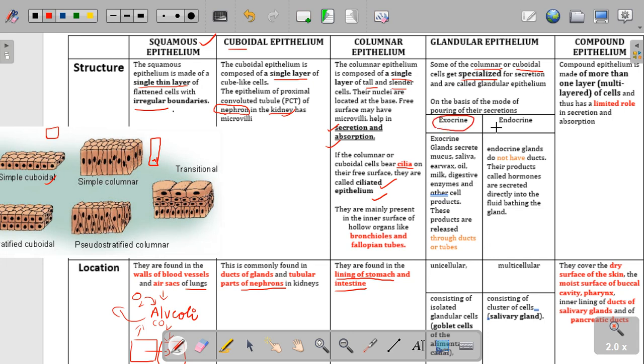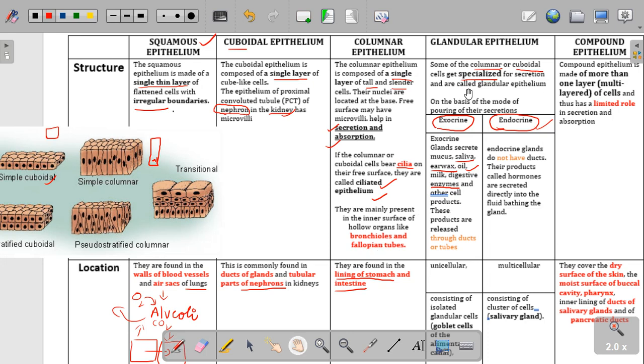You can see enzymes, sometimes even saliva secreted by salivary glands, earwax in the ears, oil from the sebaceous glands of the skin. Hormones, on the other hand, are secreted from glands like growth hormone from the thyroid. See, all of them come under a category called glandular epithelium.